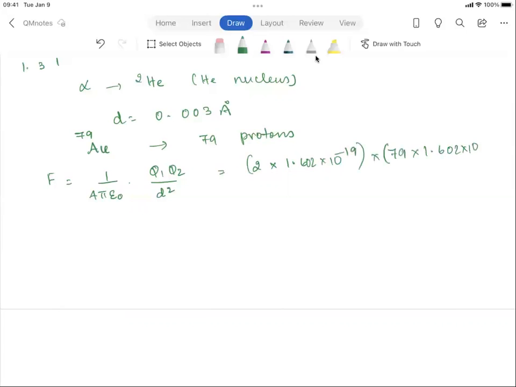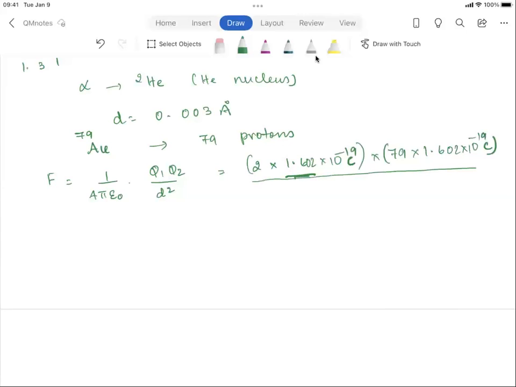The units are in coulombs, so it's important to write the units. And I have a positive sign, not a negative sign, because we're dealing with positive charges. If it were an electron, the charge would be of the same magnitude, but of a negative sign.